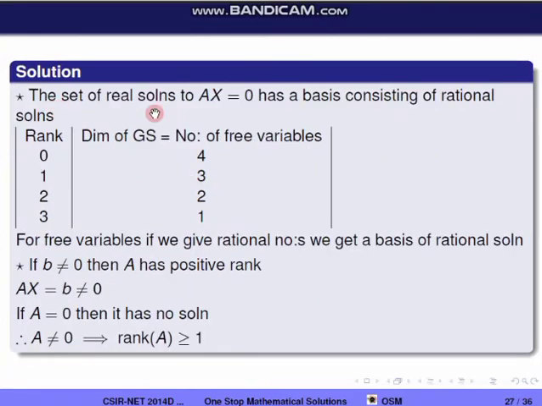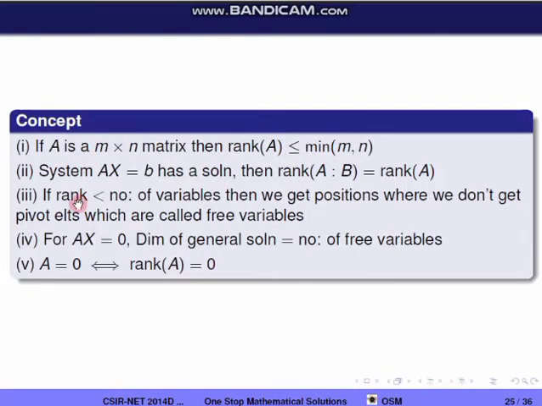Now we'll check the third option. The set of real solutions to Ax equal to 0 has a basis consisting of rational solutions. So we know that, as in option 4, rank less than the number of variables means we get positions called free variables, and for Ax equal to 0, the dimension of the general solution is equal to the number of free variables.